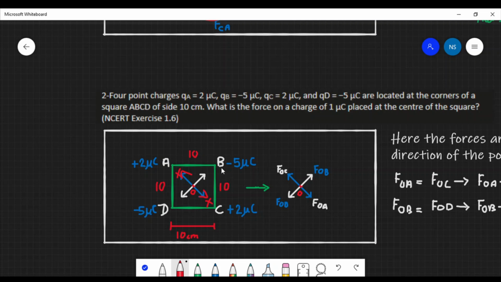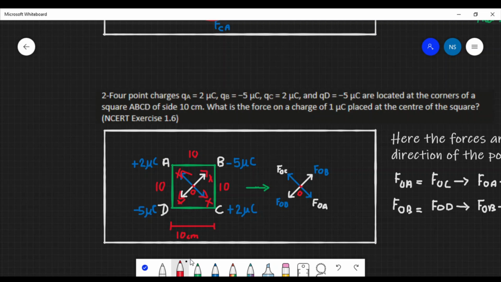Since B is negative, it will attract it towards itself, so the direction is over here, and D also will attract it towards itself. So in this case also the direction is equal and opposite, and the magnitudes are same, therefore this force is also cancelled. So we see that net force in this system is 0.